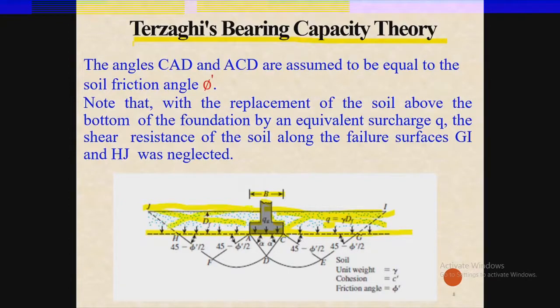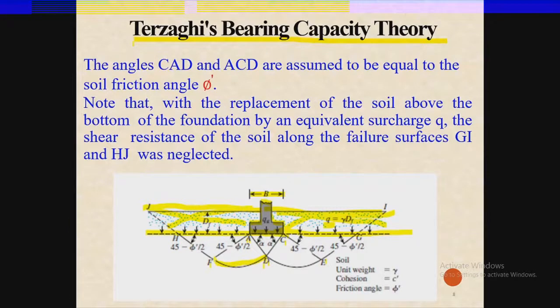Now let us discuss the zones of failure below the footing. You can see this A, D, C. This is known as an active wedge, which is also known as zone 1. The other zones, A, D, F and C, D, E, are known as zone 2 or the radial shear zone.